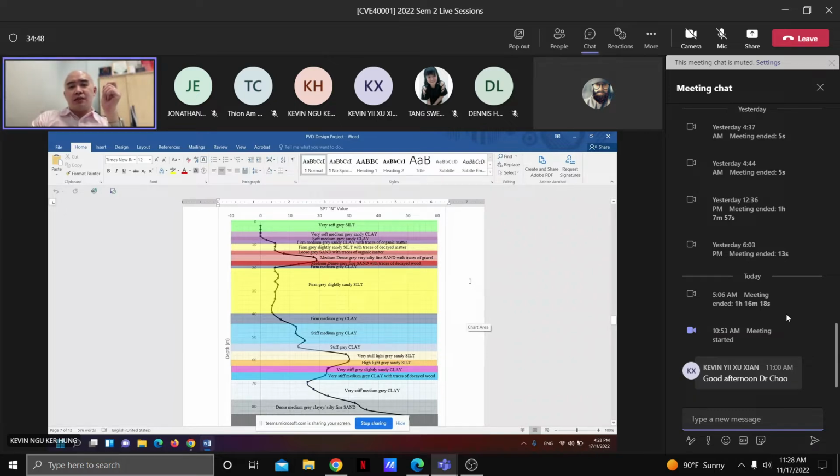You have your SPT values at the top, so draw a vertical line that shows SPT 4. The reason is that SPT 0 is very soft, and SPT 1 to 4 is soft. So any clay or silt layer that is less than SPT 4, you must design. If you draw in the SPT 4 line, a vertical line inside this graph, you can very clearly see which layers you need to treat, which layers you need to design for your preload or your PVD. You get what I mean? Yeah.